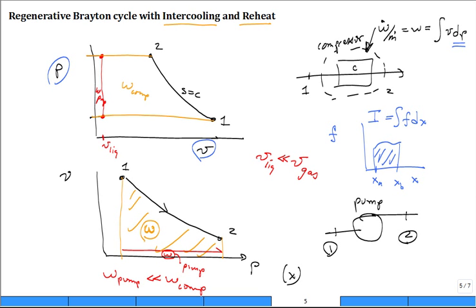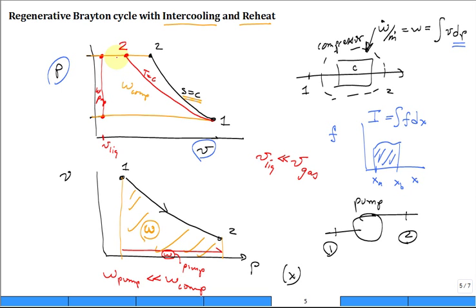Well, this is if you had an ideal gas compressed isentropically. If you could compress it where the temperature doesn't change, where the temperature is constant, it actually would come out with a lower temperature at state 2.